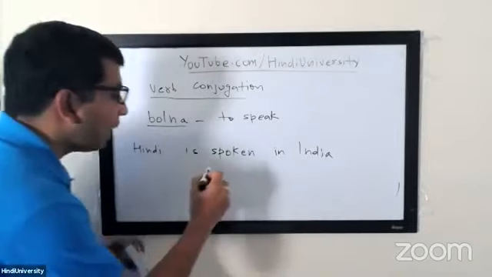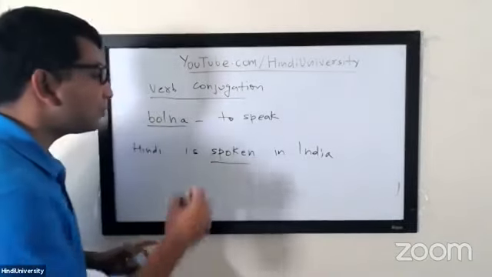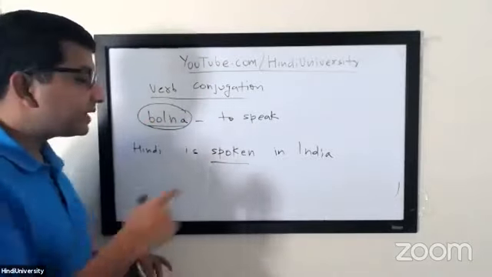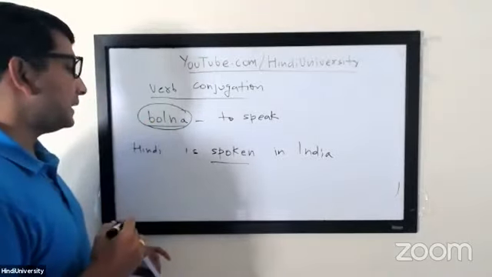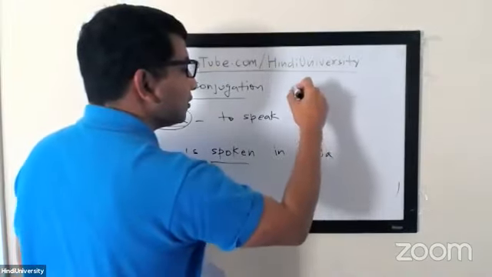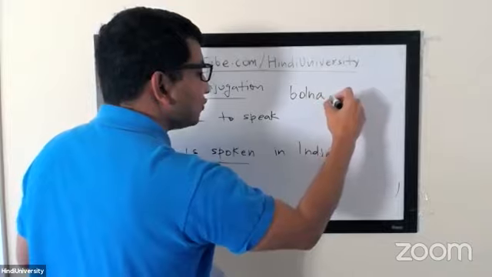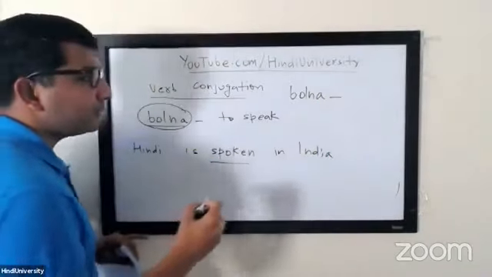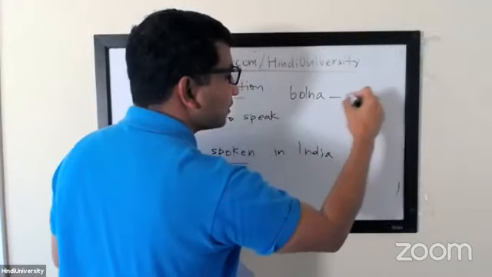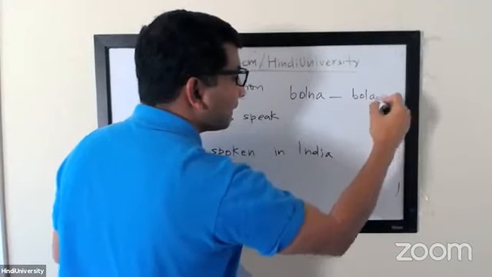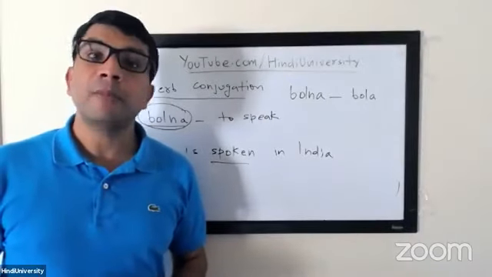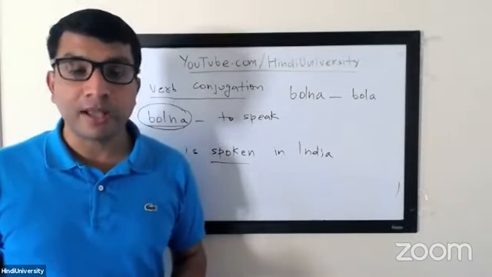Now, how do I say spoken? I know to speak is bolna. How do I say spoken in Hindi? What is the word conjugation rule? So the rule is, first, you will write this verb in the past perfect form, which is bola. In the past, as you know, you say I spoke, which is main bola. That's how you will say it.